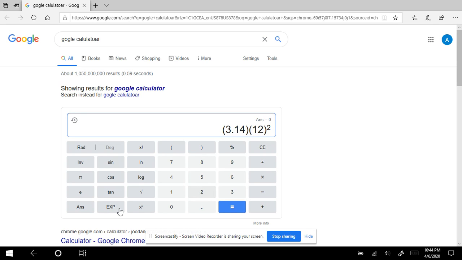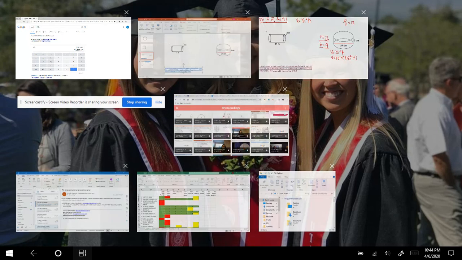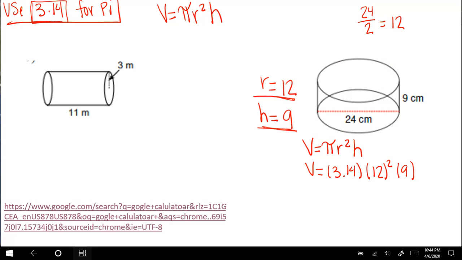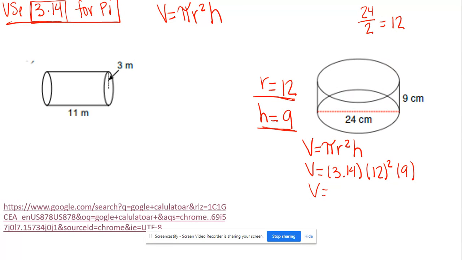Squared, put the 2. Parentheses, times your height, which was 9. We get 4,069.44. So then my answer right here is volume equals 4,069.44 centimeters cubed, because centimeters is my unit.